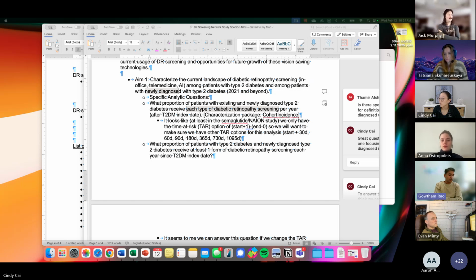But if you want to know, among people who have type 2 diabetes at any time during their life, what is the incidence of screening, then you have to introduce a washout period and reframe it as, among patients who have not been screened in the past 365 days and are known to have diabetes, what is the incidence of screening in the next 1 year? Because a person who's been screened yesterday is not at risk of being screened in the next 300 days.